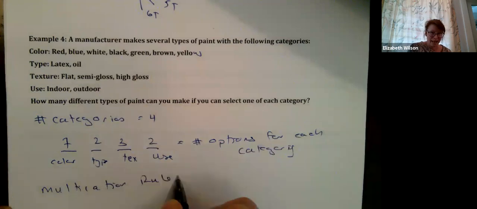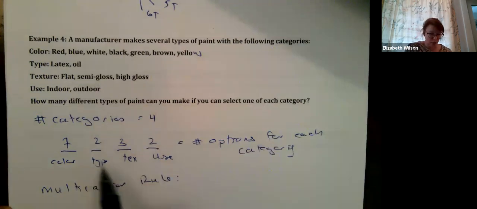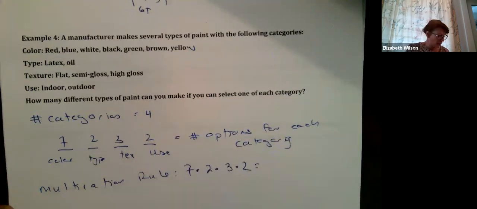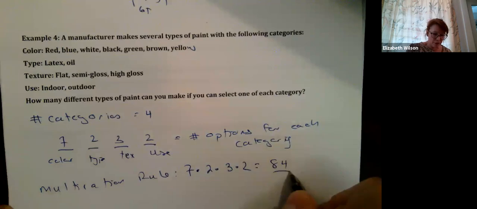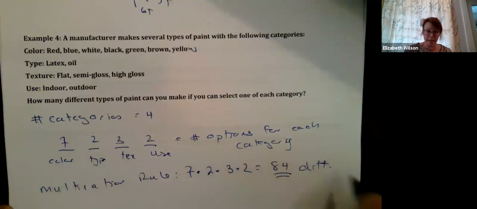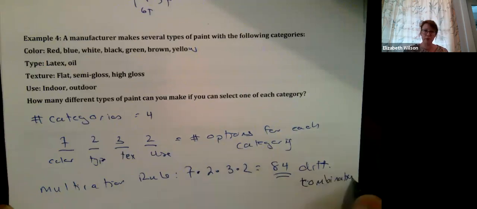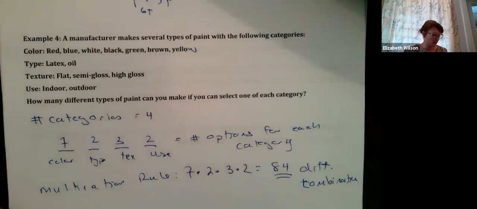Operation A, Operation B, Operation C, Operation D. 7 times 2 times 3 times 2, multiply it out. I have 84 different types of paint that I can choose, different combinations. So this is our multiplication rule here.